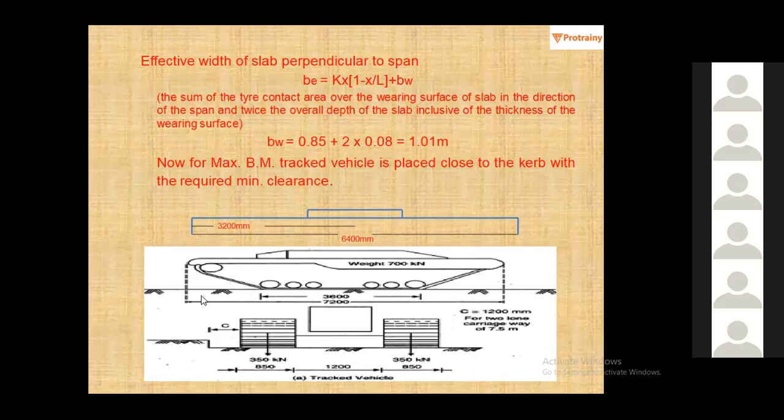So 62 point, wait a minute, sir. Let me once check. I'm not getting you. How come you are not able to calculate this? कैसे Sir, नहीं हो पा रहा है?